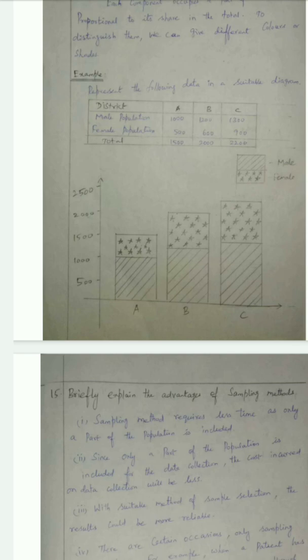First I draw the male population value 1000, a bar up to 1000. It gives us some different shade, and then 1000 plus 500 becomes 1500. After that, the area is the female population. Similarly for B and C we get the subdivided bar diagram.